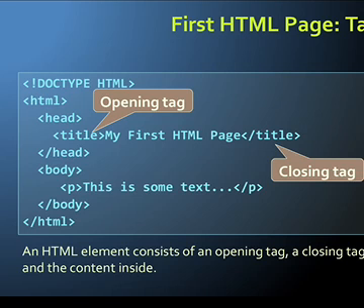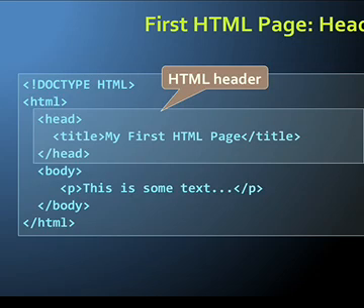Any HTML tag or element consists of an opening tag, a closing tag, and the attributes inside. And observe this slide: where the header is, and where the body is.